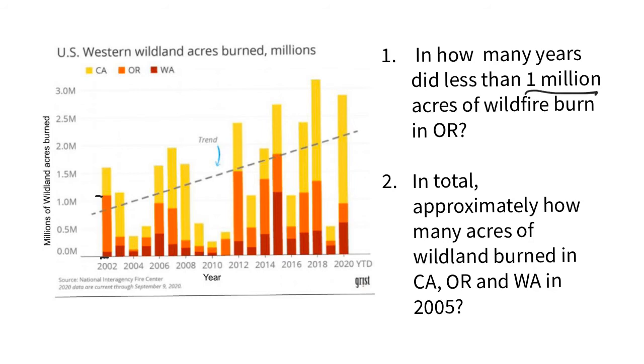So I am going to go ahead and I'm going to sketch this line about here at 1 million acres. And I'm going to see when there was less than 1 million acres burned. So let's look. In 2002, I think there were 1 million acres. So that was not less than 1 million.